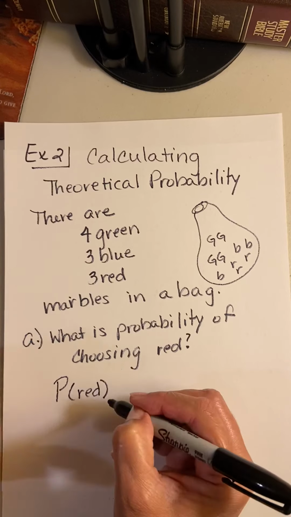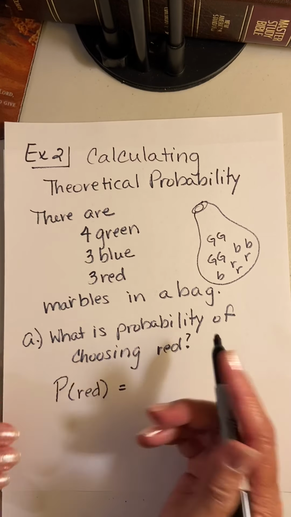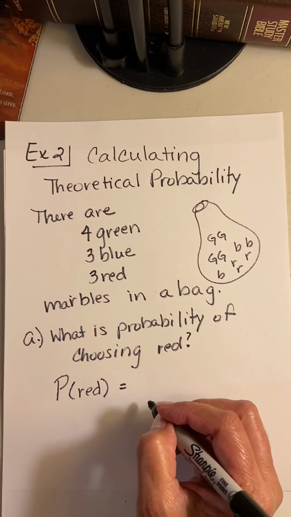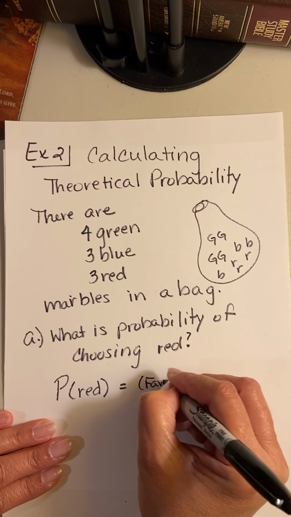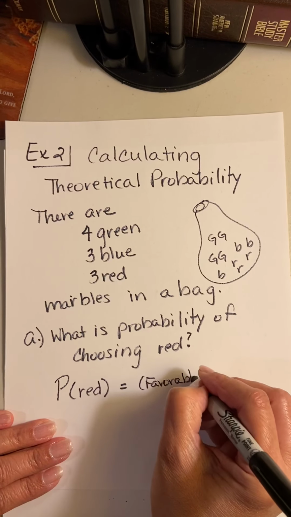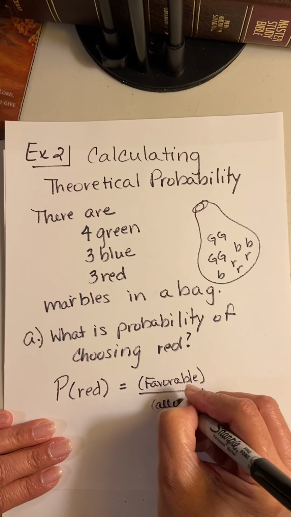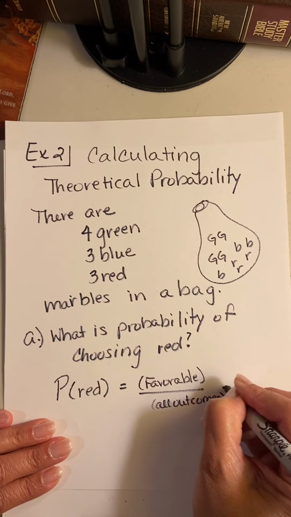This is a simple event, all right? And so as we mentioned before, a probability of an event is the number of favorable outcomes over all outcomes, all possibilities. So this is the formula we're going to use.